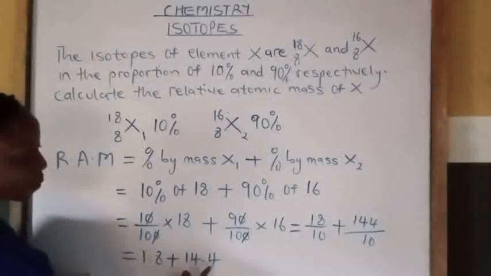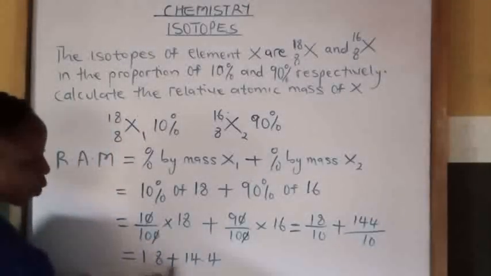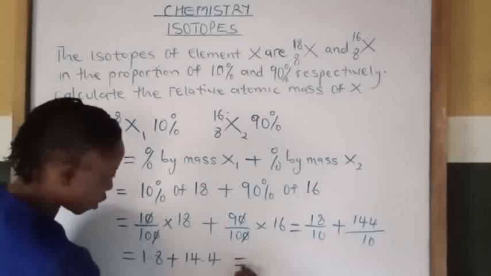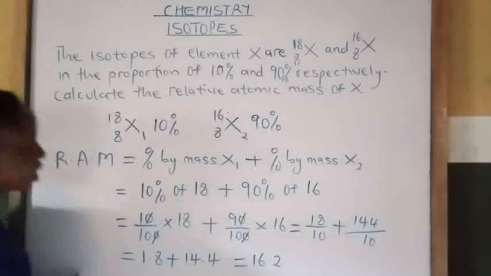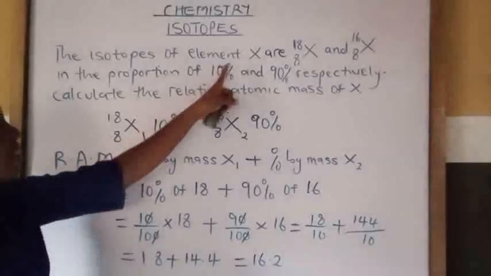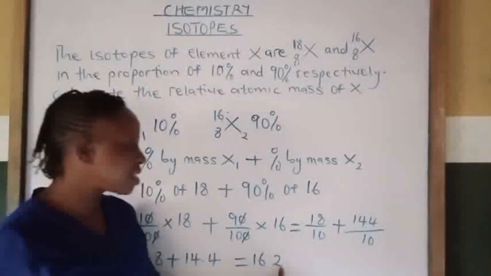So 14.4 plus 1.8 will give us 16.2. So the relative atomic mass of element X will be 16.2.